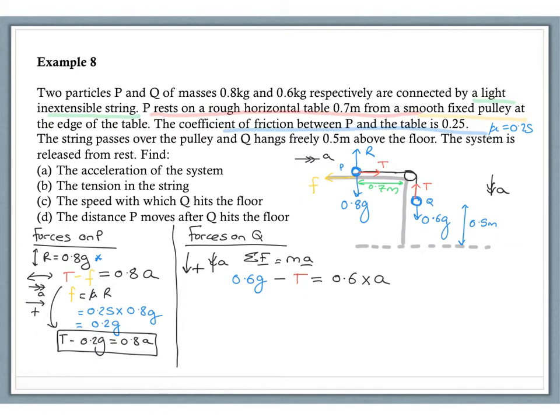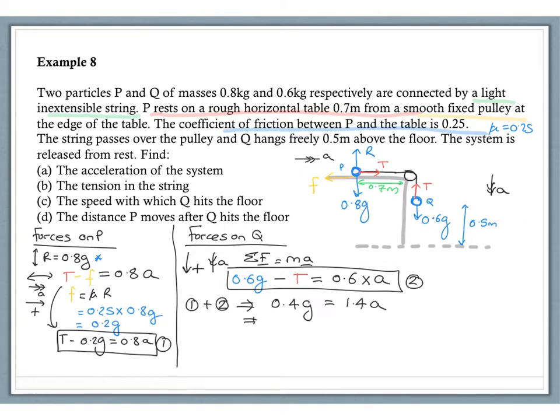We don't know what that acceleration is yet, but we have a pair of simultaneous equations, call them equation 1 and 2, both containing the unknowns T and A. So we're going to add together equations 1 and 2, and see what happens. We find that we get 0.4 g, the T's cancel out, equals 1.4 a.